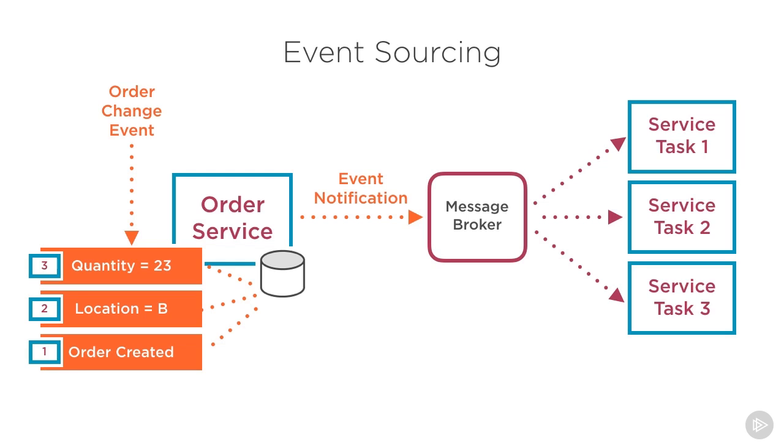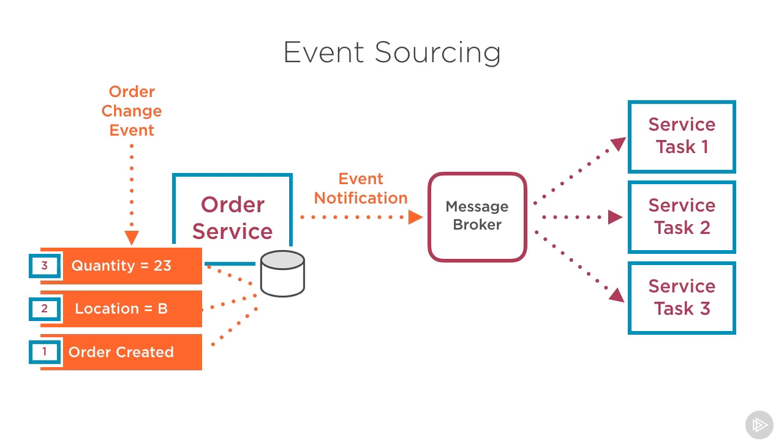And at the same time, each change is being broadcasted as an event to a message broker. This event might only include the change related to an order that has taken place, not the entire state of the order. And then any parts of the system that are interested in an order's state changing can subscribe to the queue from the message broker and pick up the change.